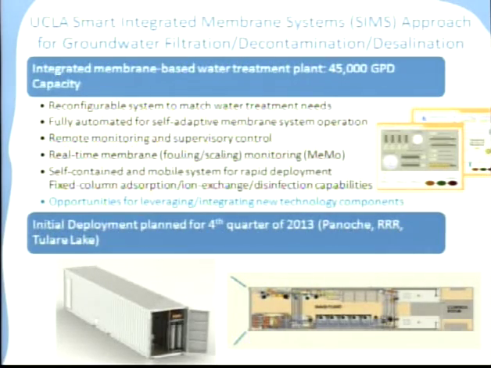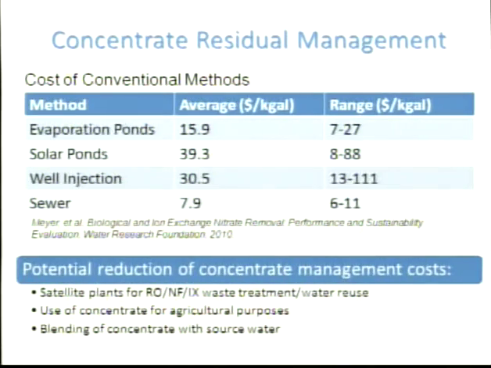When I talk about reconfigurable, it's very important, because even if you just focus on RO, it can be done in 1 stage, 2 stages, or if you need very high purity water, it has to be done as a 2-pass, which means that you take the water that you produce in the first stage and then you treat it in a secondary RO.